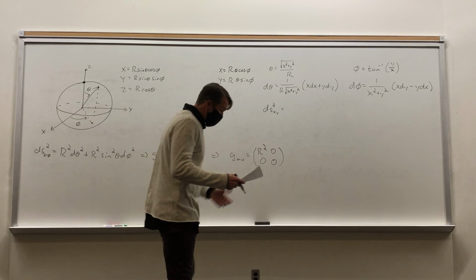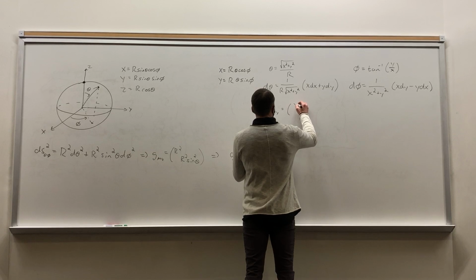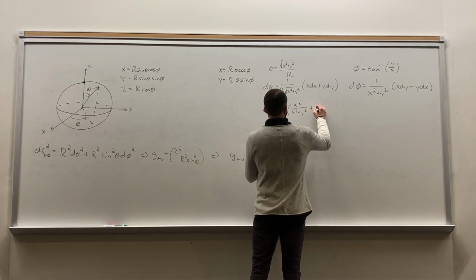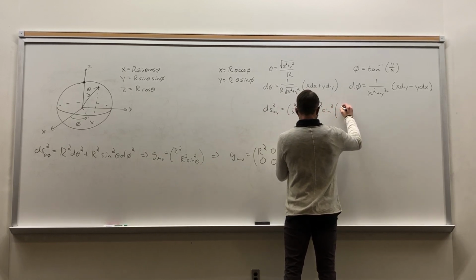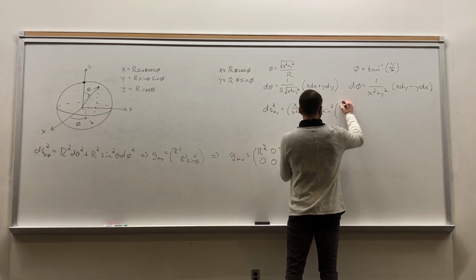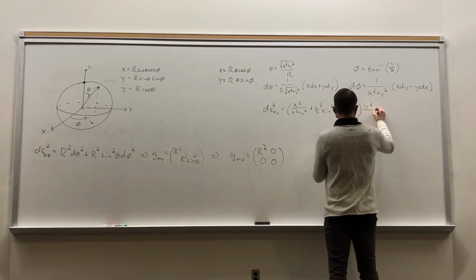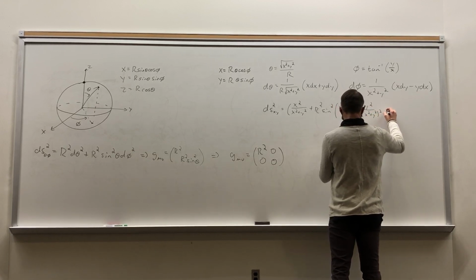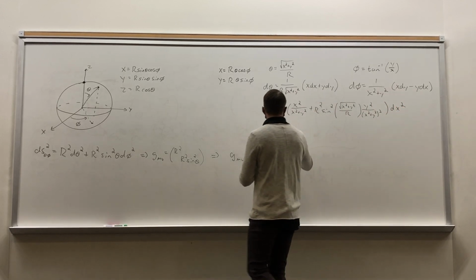So obviously this can get nasty, and it will a little bit, but here we go. We're going to have x squared over x squared plus y squared plus r squared sine squared, where the argument of the sine function is square root of x squared plus y squared over r, times y squared over x squared plus y squared squared, times dx squared, and it's going to get worse.